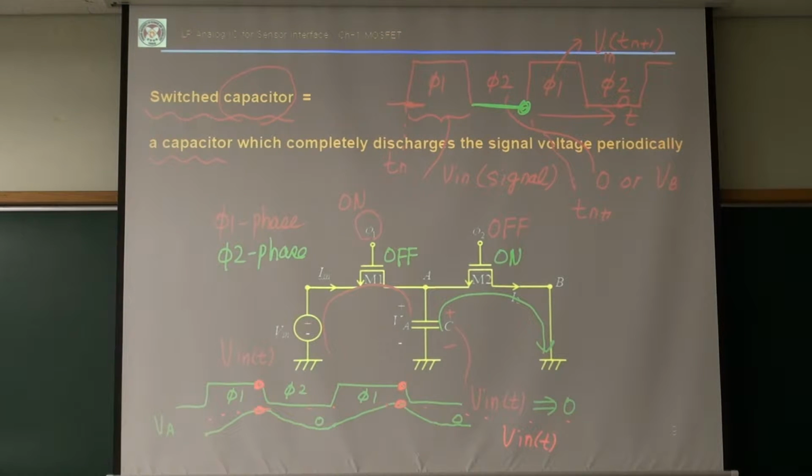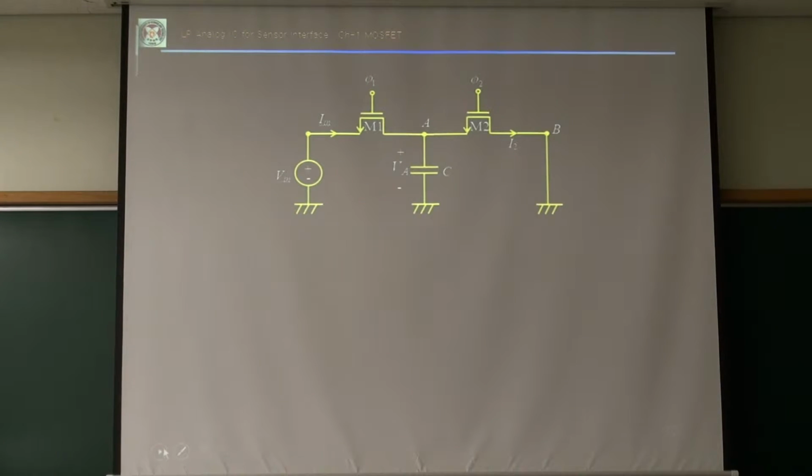Those phi 1 and phi 2 are non-overlapping clocks. So for example, my phi 1 looks like that. This is 0, this is 3.3, and my phi 2 looks like that.